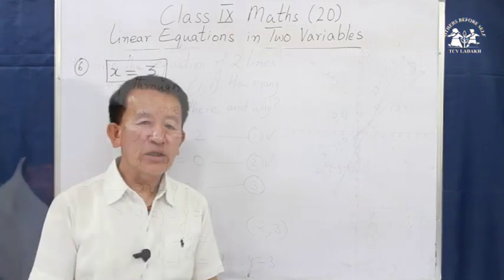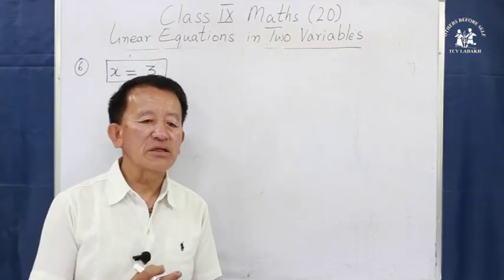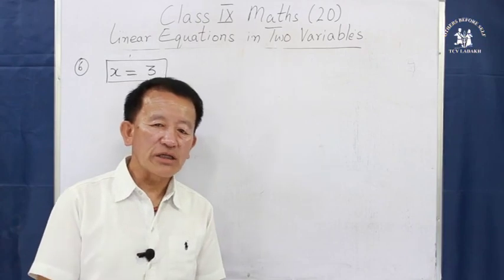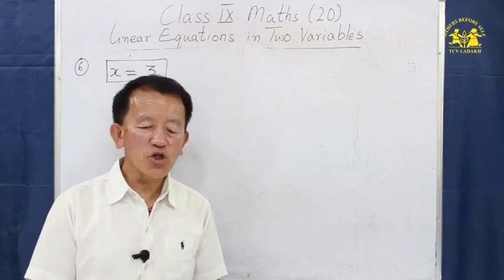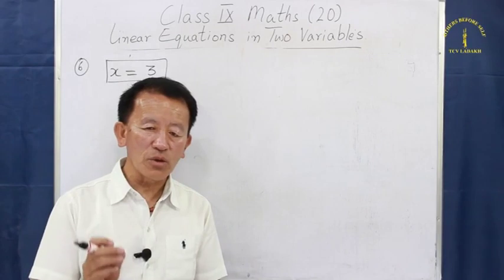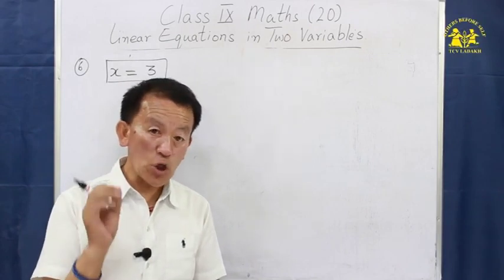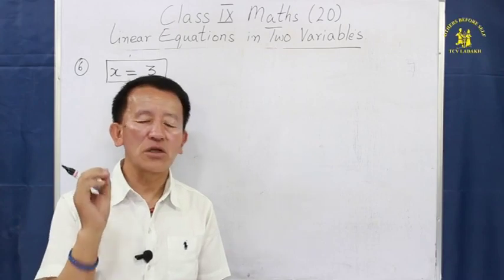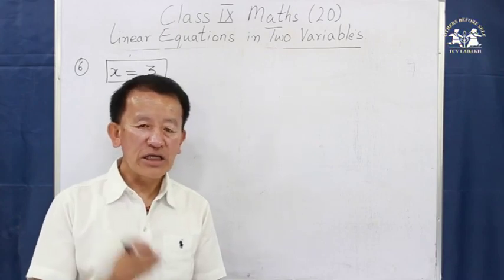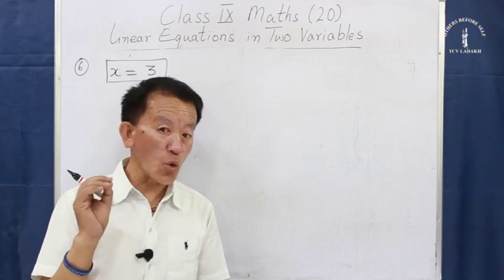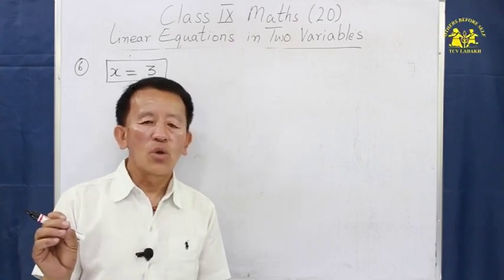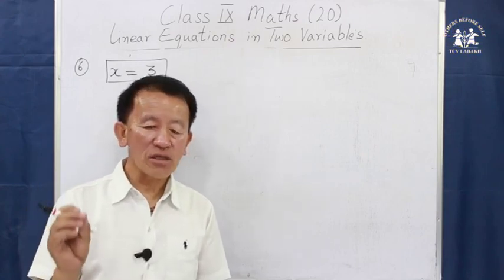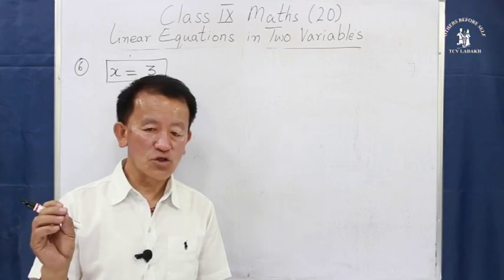Now the concluding part is, earlier we said that in a linear equation in 1 variable, you'll have a unique solution, one and only one solution. And in any linear equation in 2 variables, we will have a countless number of solutions.